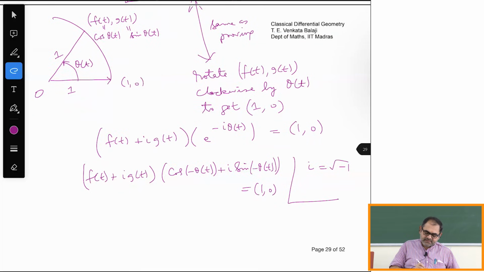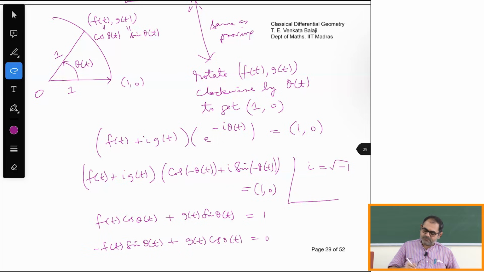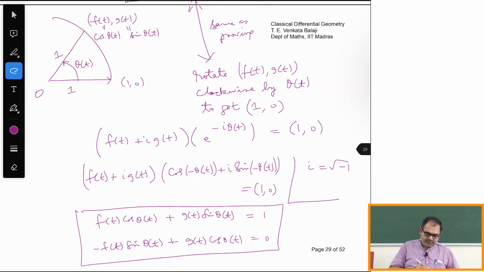And rewrite this, you will get f(t) cos theta t plus g(t) sine theta t, and this has to be equal to 1, and f(t) into minus sine theta t plus g(t) into cos theta t is equal to 0. So we have to prove this.